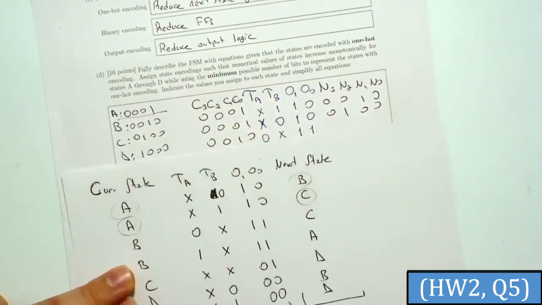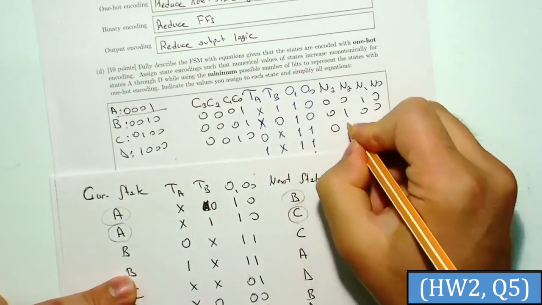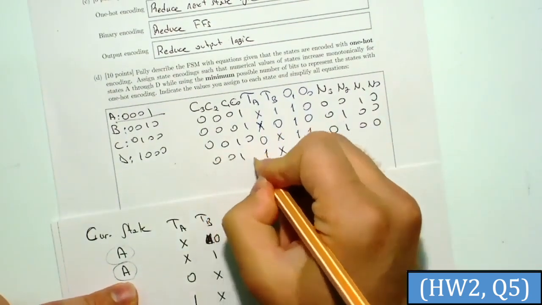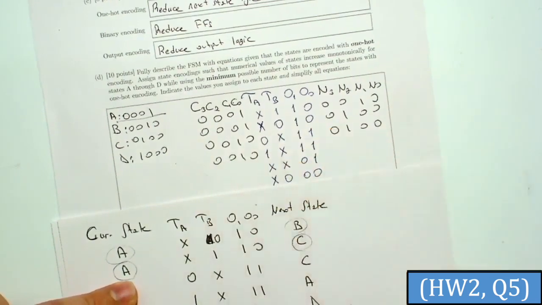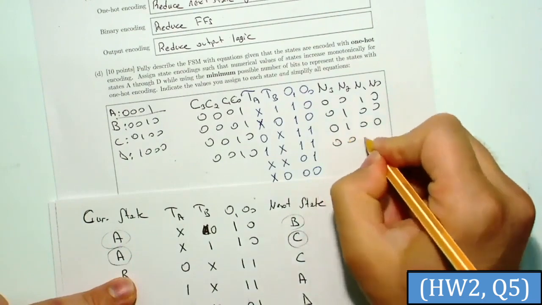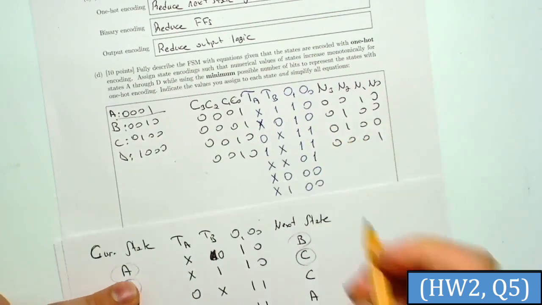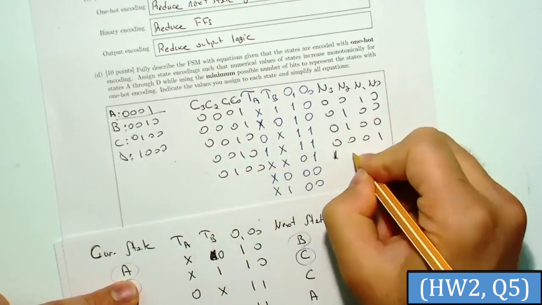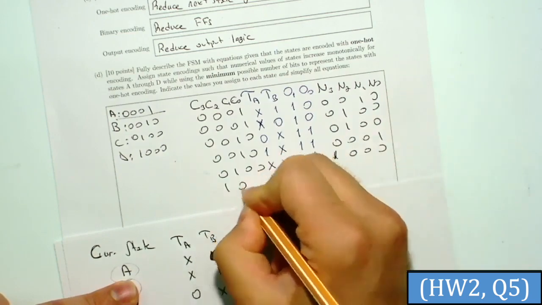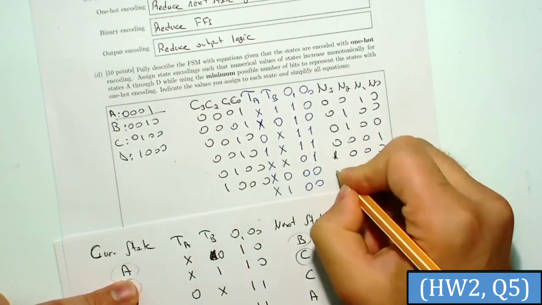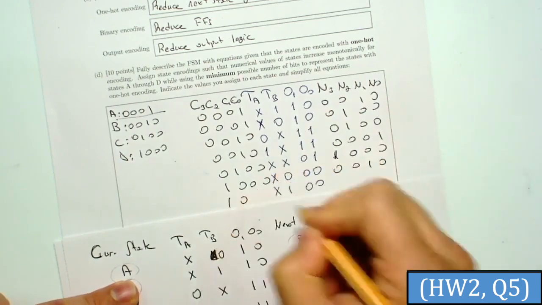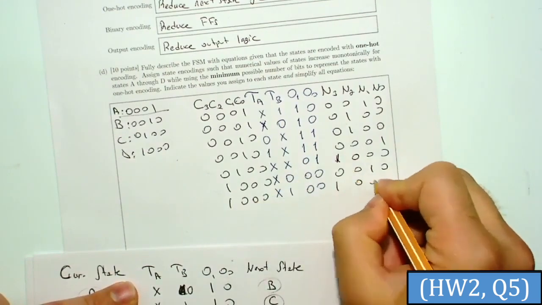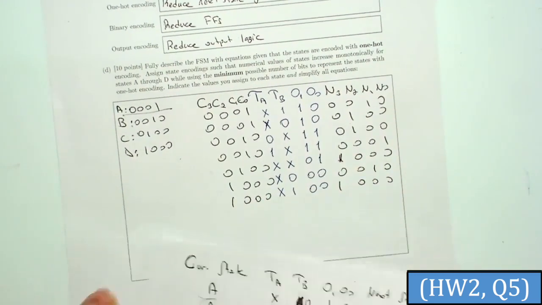So this will be B, and the next state will be C. And again B, and the output will be A. Then C, and the next will be D. And for D, I have first B here, and again D here. All right, so this is the truth table for D.